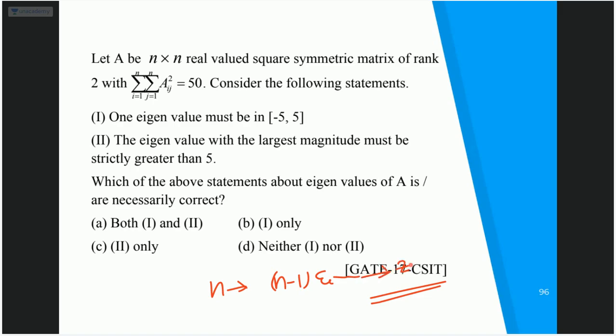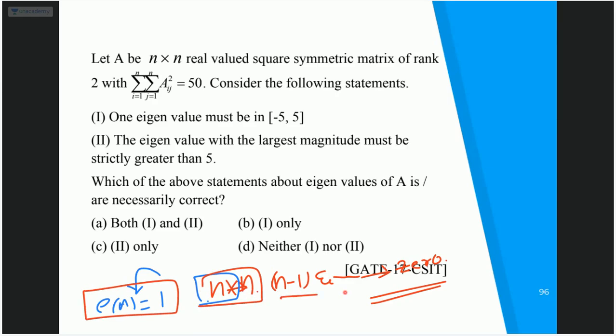Clear? If n rows are identical, what is the rank of your matrix? N rows are identical, matrix is n cross n. N rows identical means all the rows are identical. So what is the rank? 1. Rank of A is 1. Matrix is n cross n.